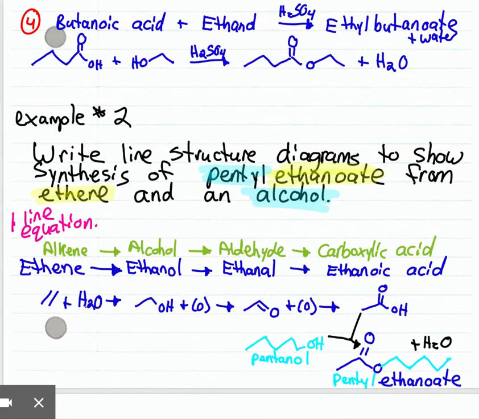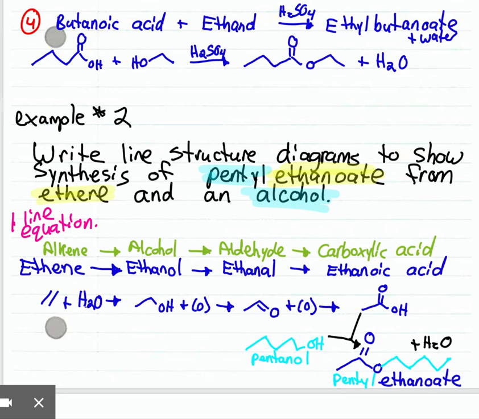And based on the name, you know the pentyl is coming from an alcohol, and the ethanoate part has to come from a carboxylic acid, which over here is telling you have ethene. So you know that carboxylic acid has to start as an ethene, and the pentyl gets to start from an alcohol. The question will usually give you a little bit of a hint.